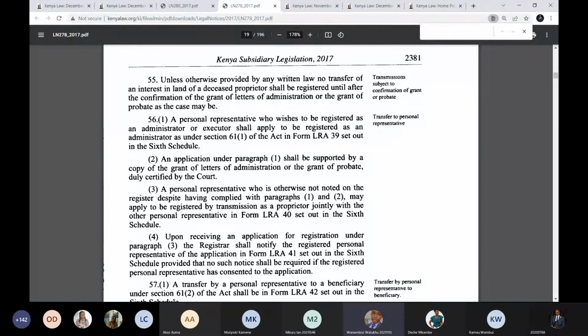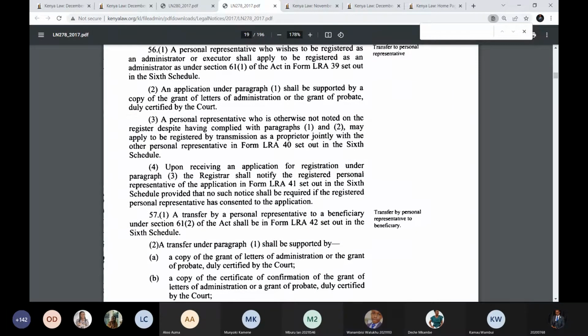So we'll have to check Rule 57 of the LRA on the beneficiaries. This process will entail registering the transfer. Good try. That's a great try.